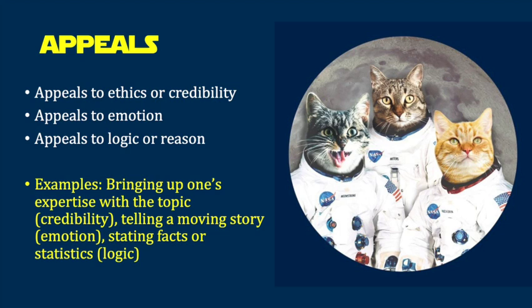Appeals are basically strategies. If somebody is trying to be persuasive, how are they doing that? How are they getting someone to want to believe them? How are they using emotion to motivate them to action or to belief? And then how are they using logic to make a reasonable argument, right?